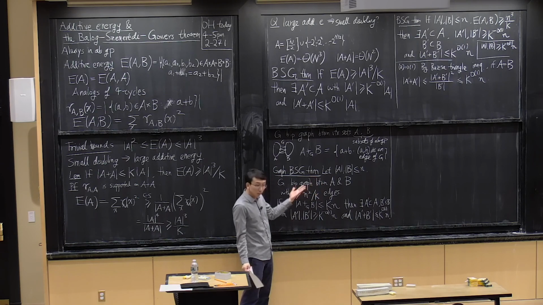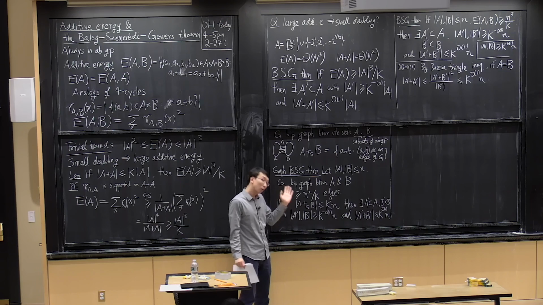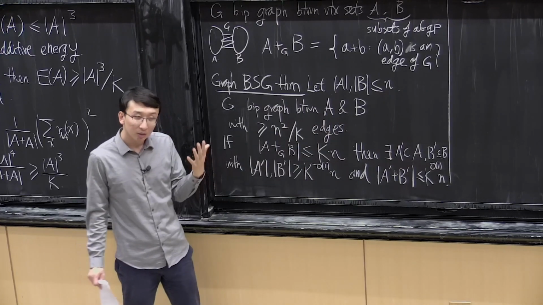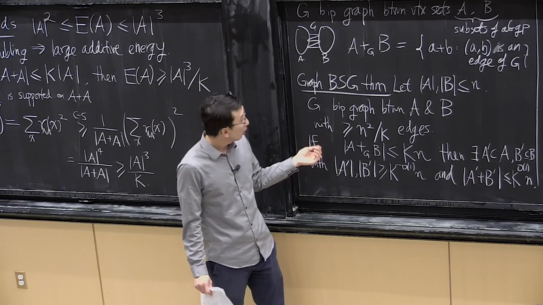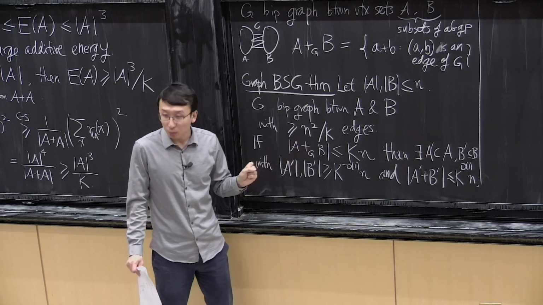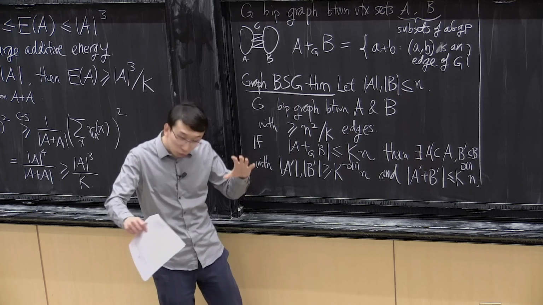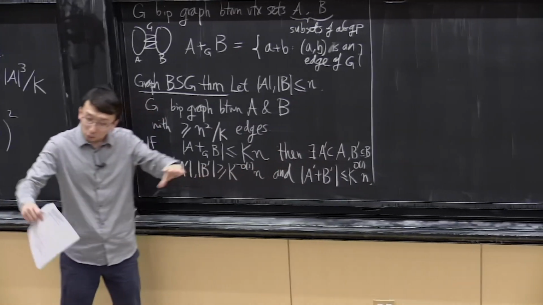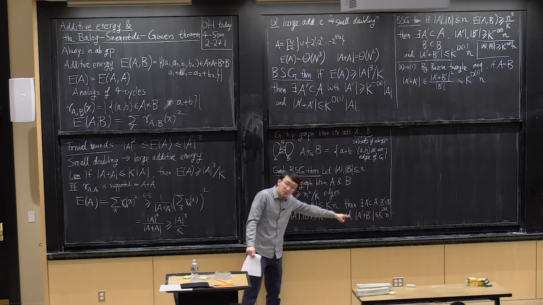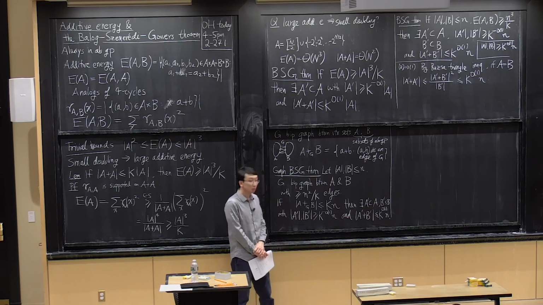Okay, so let me say it again. If you have a fairly dense bipartite graph, so constant fraction edge density, between A and B, subsets of the abelian group, and such that the restricted sum set is small, then I can restrict A and B to fairly large subsets, so that the complete sum set between the subsets A prime and B prime is small.